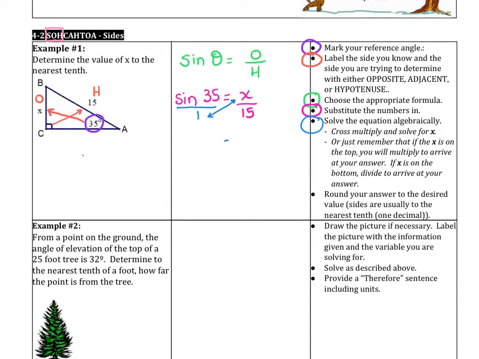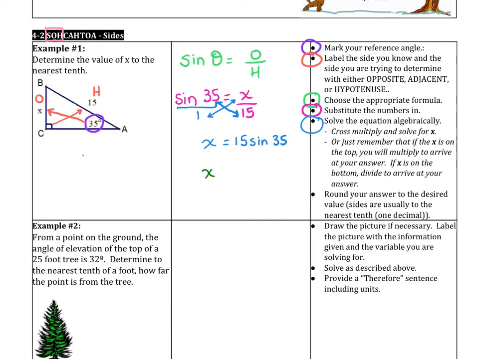So 1 times x is x, and this bottom gets multiplied with this top. So that's going to be equal to 15 times sine 35. And that's what you're going to type into your calculator. 15 times sine 35. Make sure that your calculator is in degree mode.